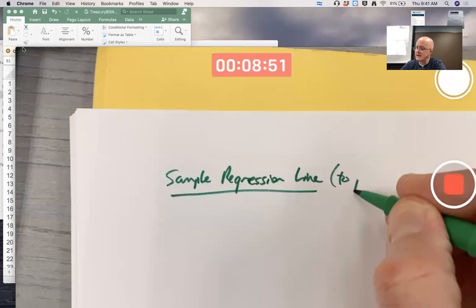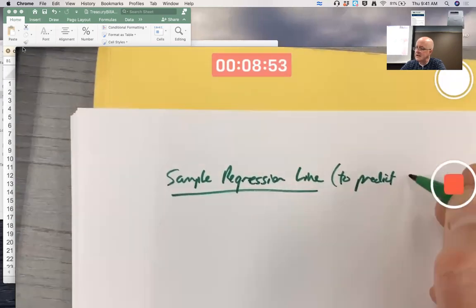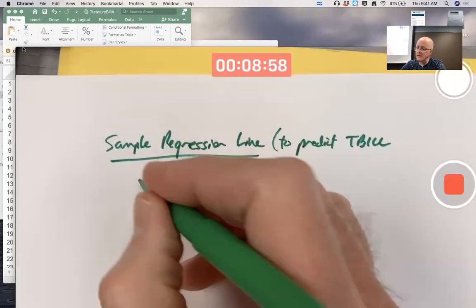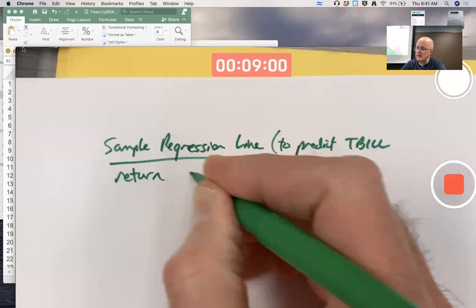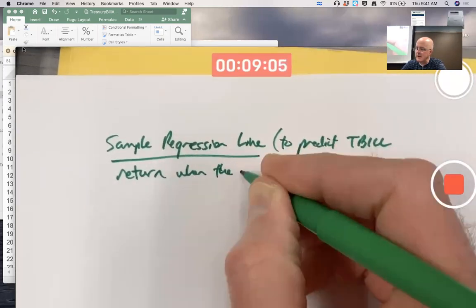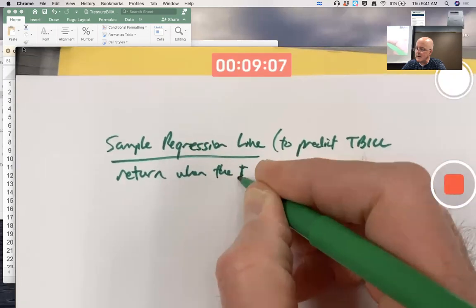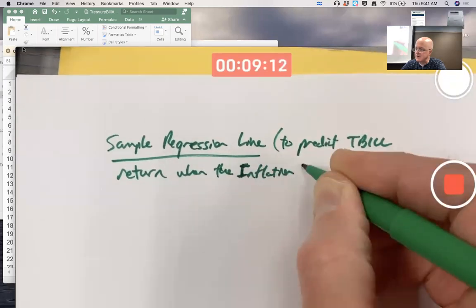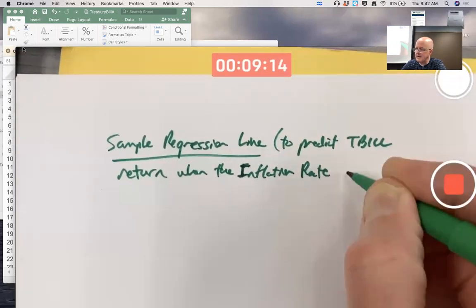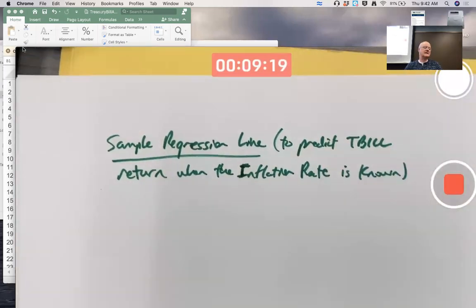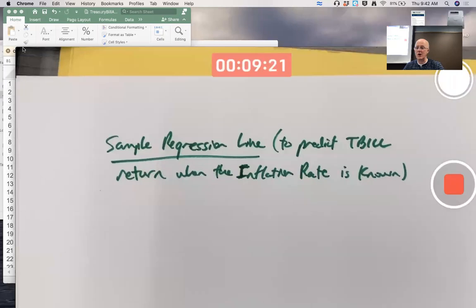To predict T-bill return when the inflation rate, which I'll capitalize as well here, the first letters at least, inflation rate is known. So the T-bill return, maybe I should capitalize return.